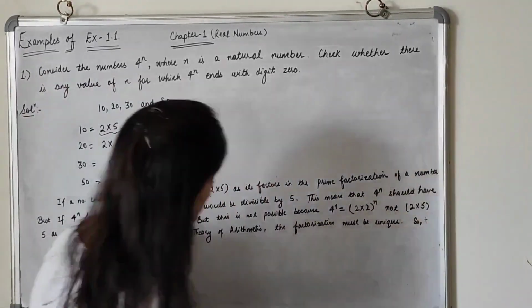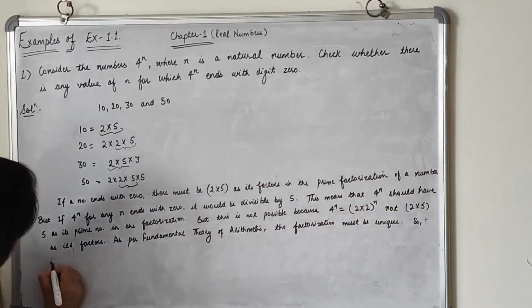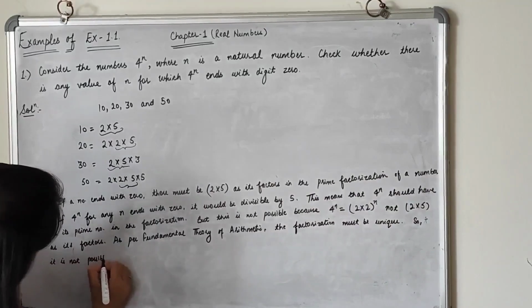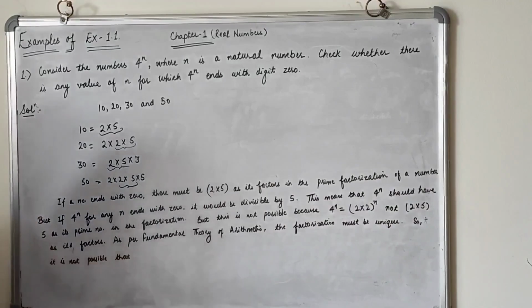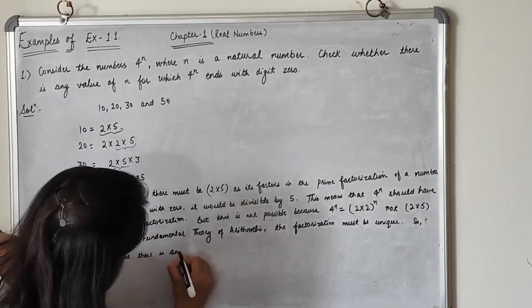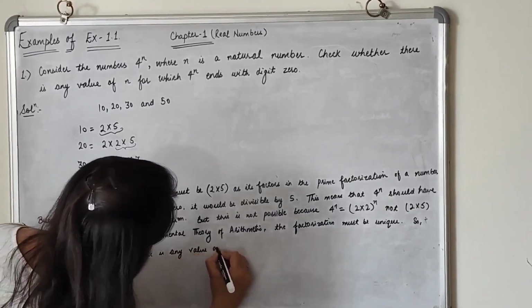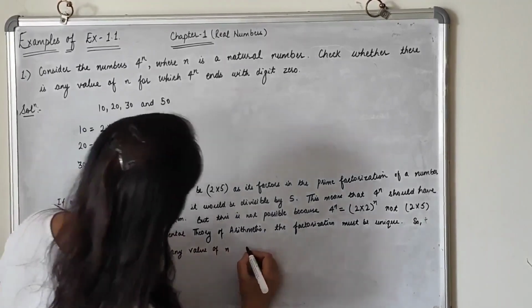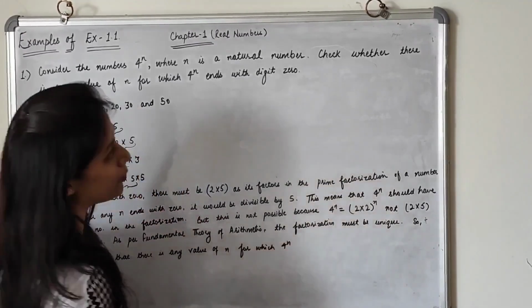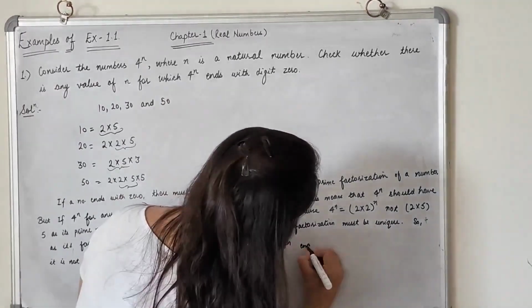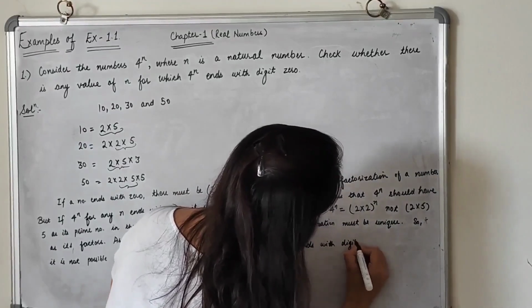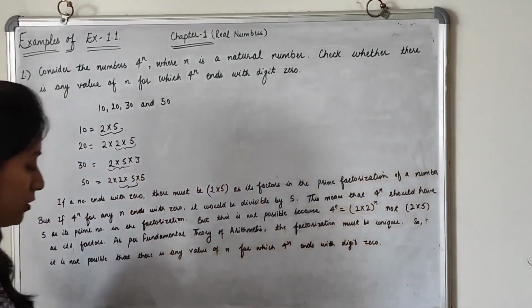So it is not possible that there is any value of n for which 4 raised to power n ends with digit 0. Fine?